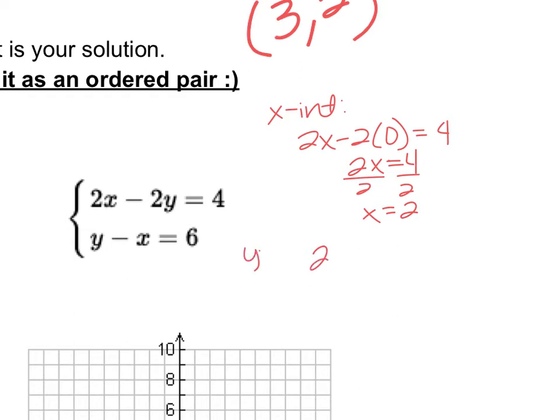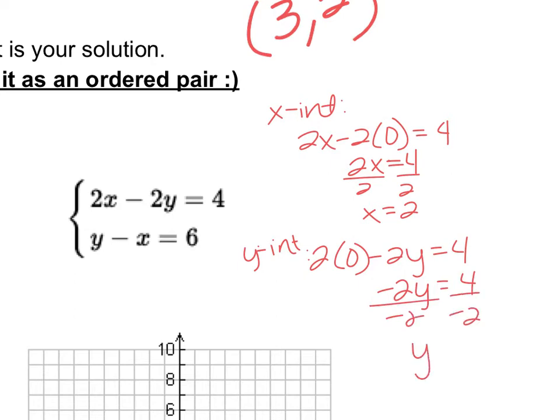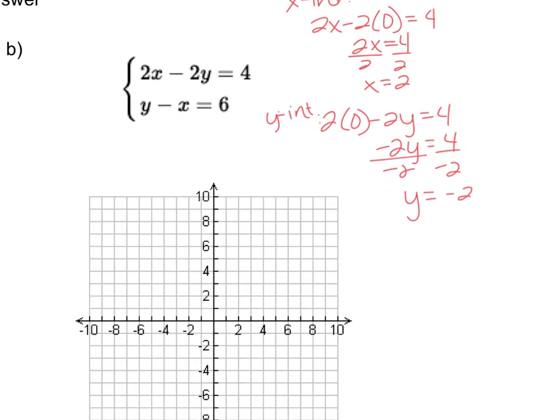The y-intercept, I can write, would be when the x is 0. So 2 times 0 minus 2y equals 4. -2y equals 4. Divide by -2. So y equals -2.